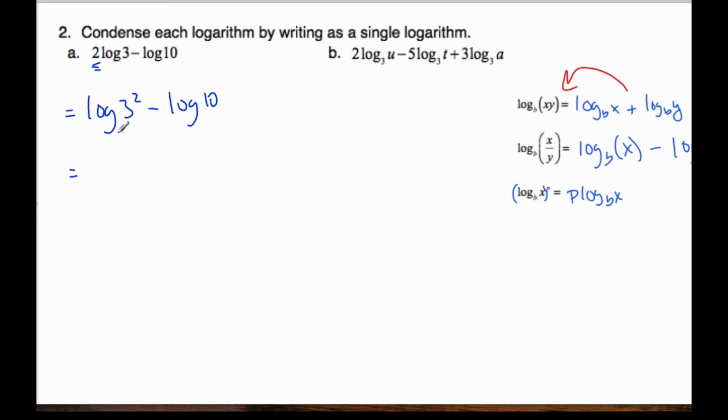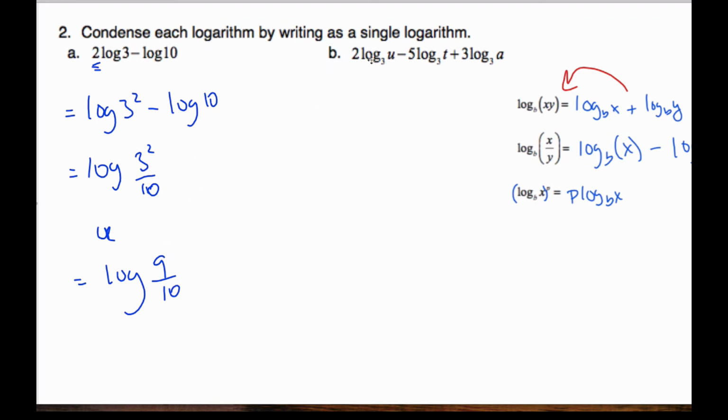Now I have subtraction of two logarithms of the same base. Subtraction will be this one, so I could write log base 10, 3 squared over 10. And we can leave it like that. Or if we want, we could also say log of 9 over 10 would be sufficient as well. Okay, using our properties to go backwards to make a single logarithm. This skill here will help us sometimes in solving logarithm equations, which we'll get to in a day or two.